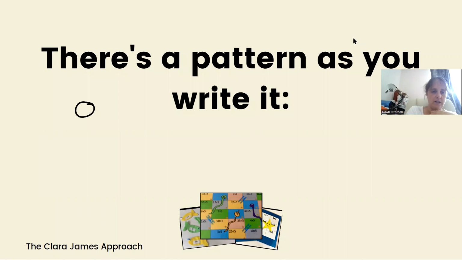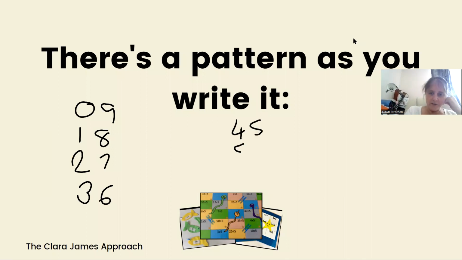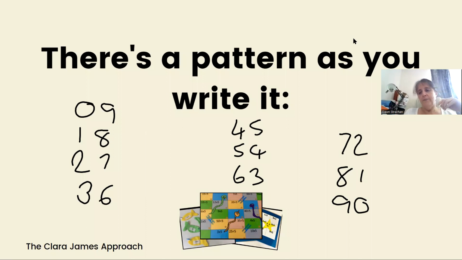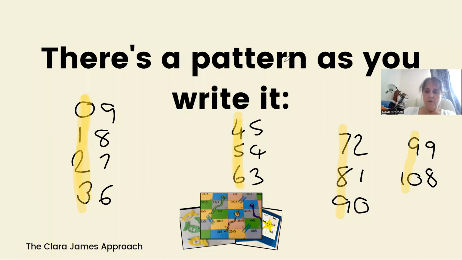So if I was to go 0, 9, 18, 27, 36, 45, I'm not going to fit this all in, 54, 63, 72, 81, 90, 99, 108, etc. So if we look at the tens column, let me grab a different color, goes 0, 1, 2, 3, 4, 5, 6, 7, 8, 9, goes 9 again, bit of a blip in the pattern, but 10. So as you can see, it just kind of increases by 1 each time.